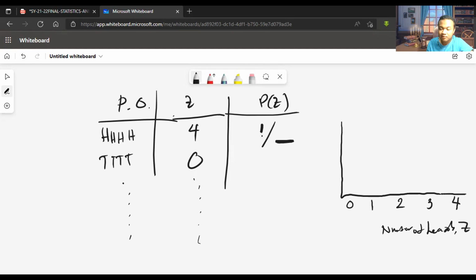Then the y axis is the probability. Okay? So for example, for 4, we put values such as 0.10, 0.20, 0.30, 0.40. So let's just say the probability of 4 happening, right?